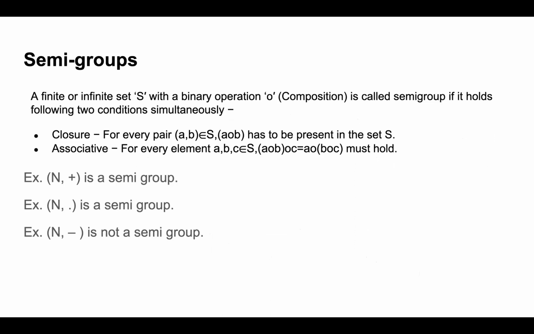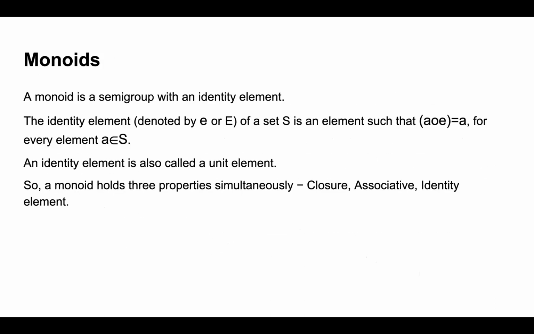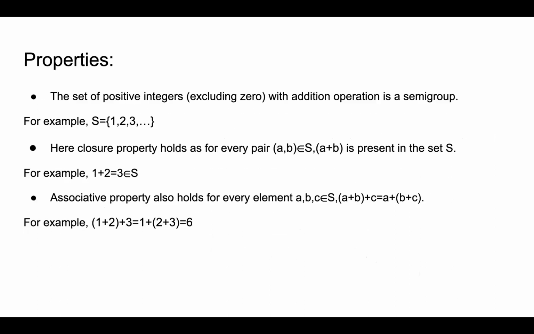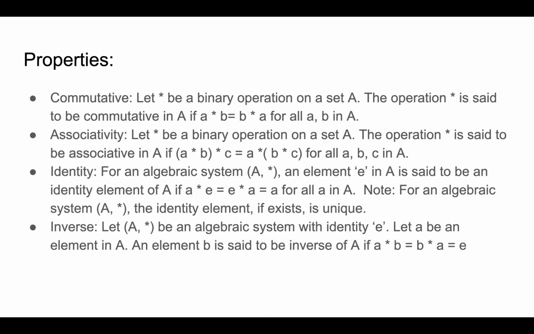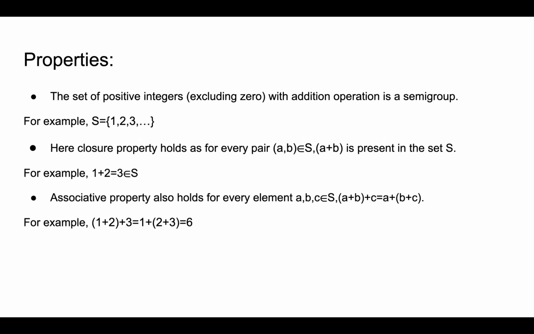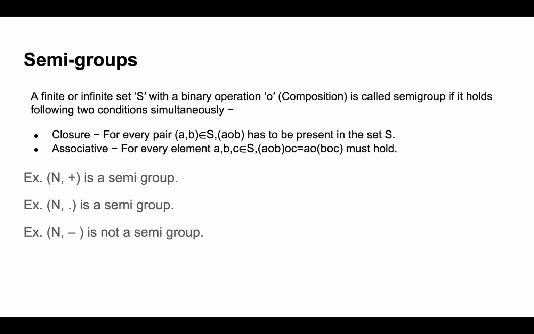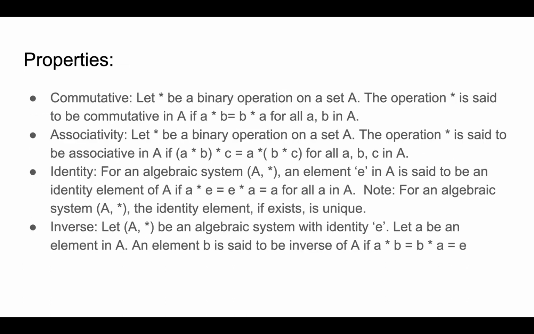Then the next types of algebraic systems are semigroups and then monoids. Then it completes the unit. We will see this in the next lecture, on Monday. For any algebraic systems, all these properties are there: commutativity, associativity, identity, and inverse.